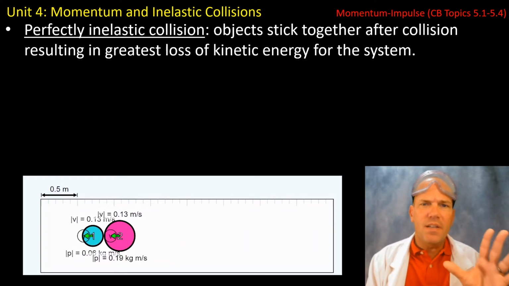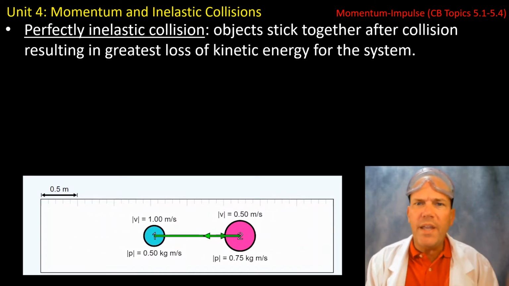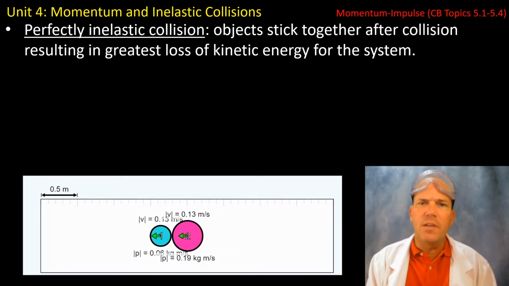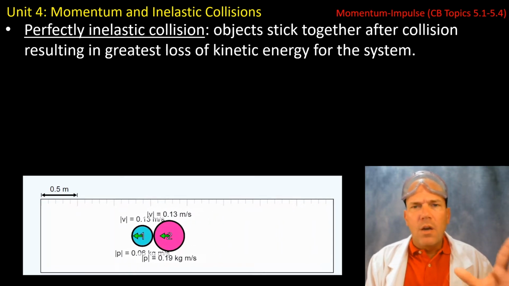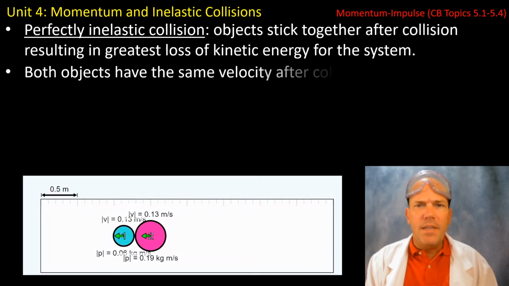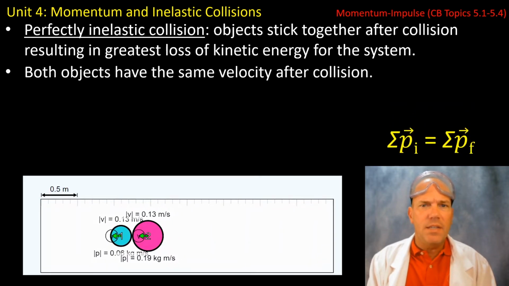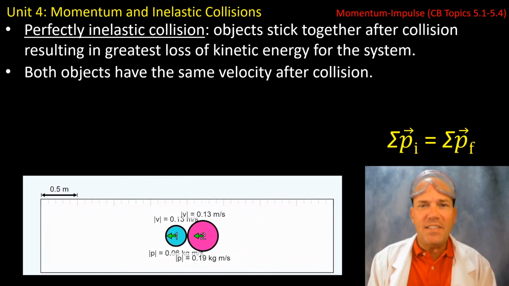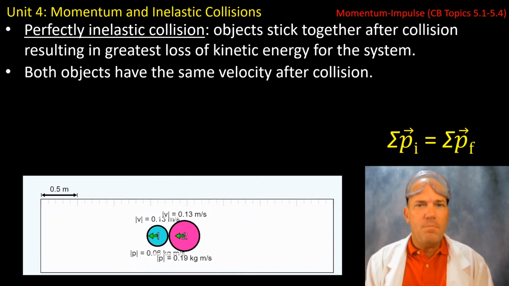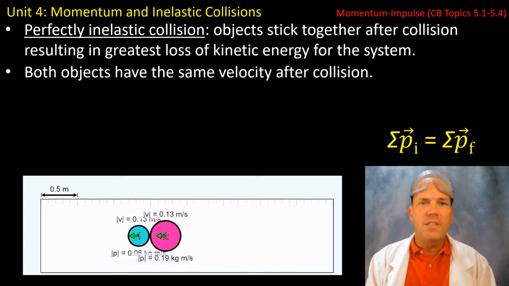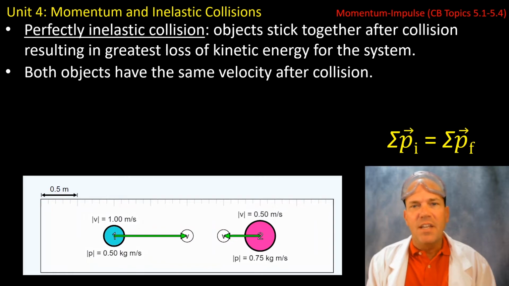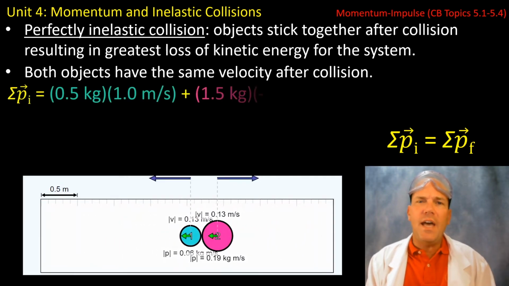This type of collision results in the greatest loss of kinetic energy from the system to the environment. Also notice that the composite object after the collision has the same velocity. This is very important to consider when solving problems involving an inelastic collision. Let's go ahead and do one now.